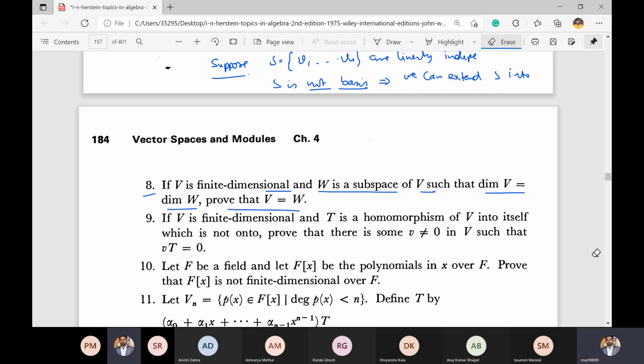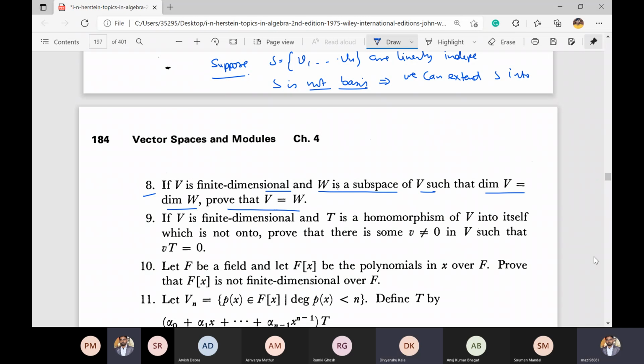W has a basis whose number of elements equals the dimension of V. Dimension is equal. So we can use the previous result from question number 7.